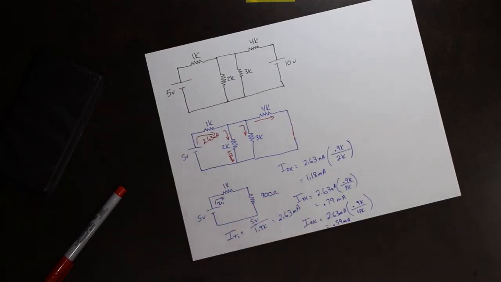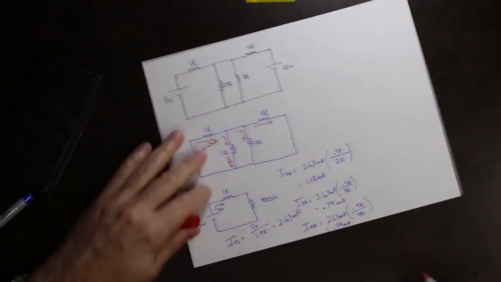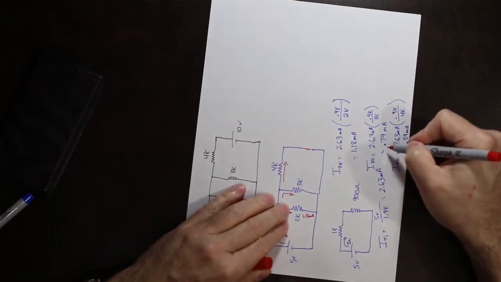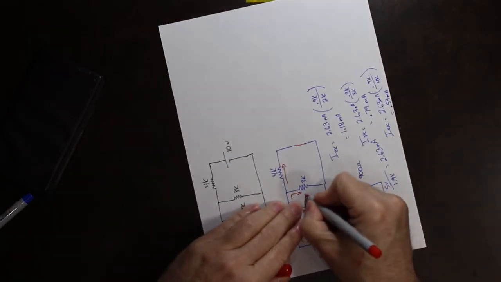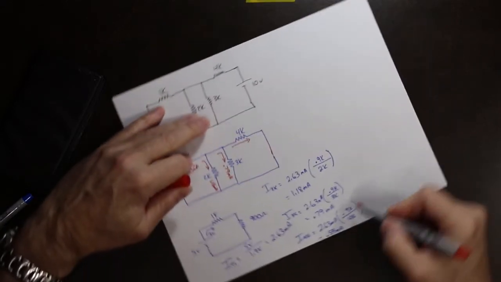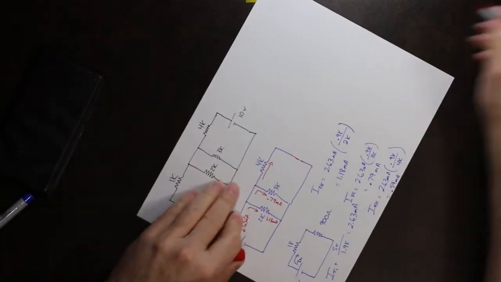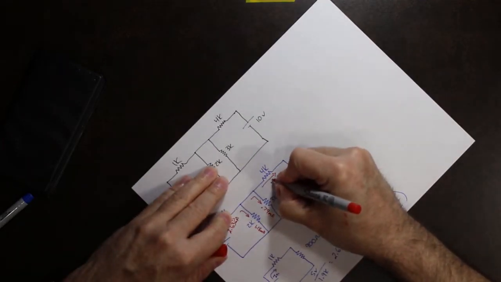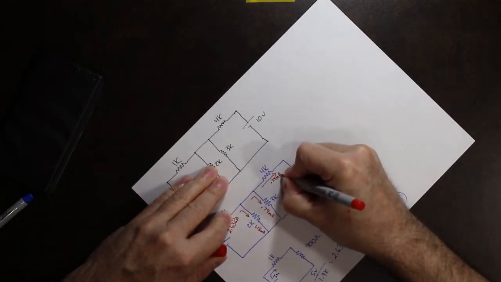Again, go back up to the circuit and add those numbers in. For the 3K, it was 0.79 milliamps. For the 4K, it was 0.59 milliamps.